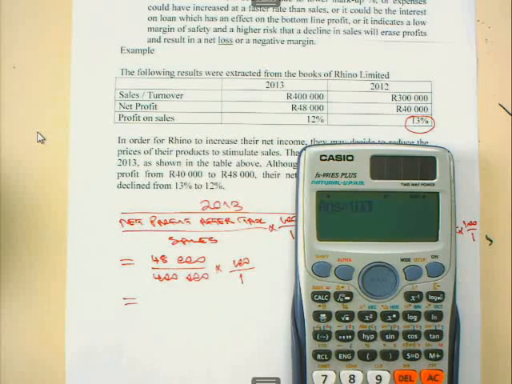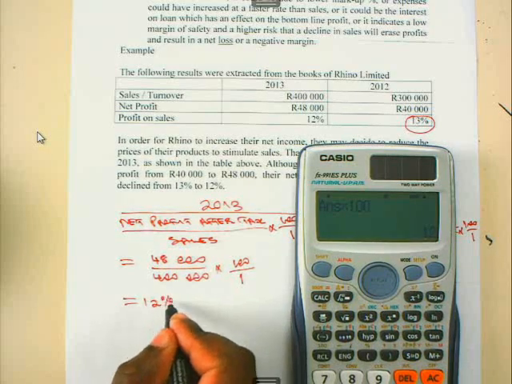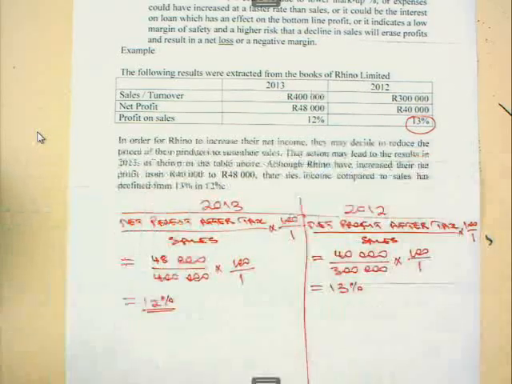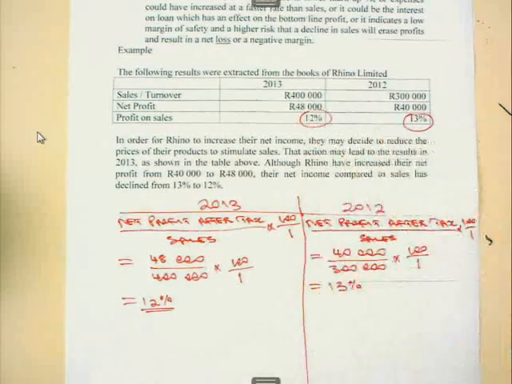You multiply that by 100 over 1, then it gives you 12%. This is how they arrived at those figures.